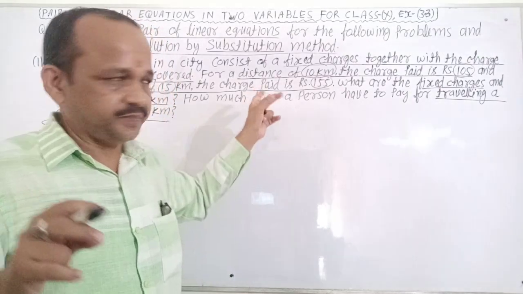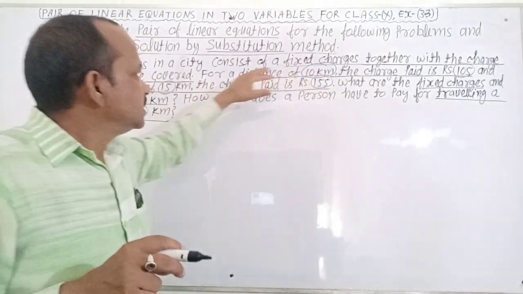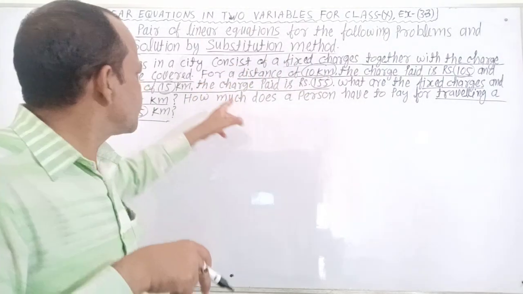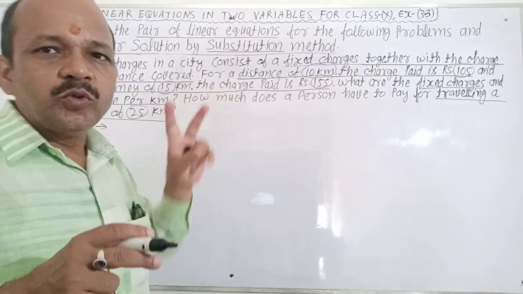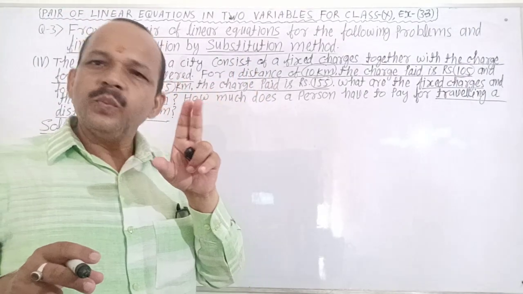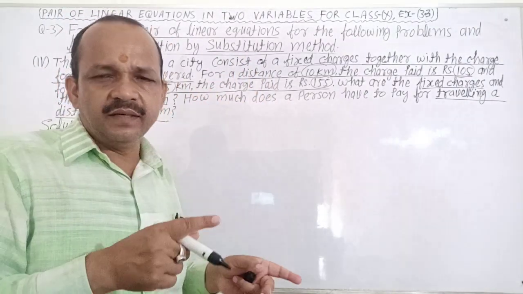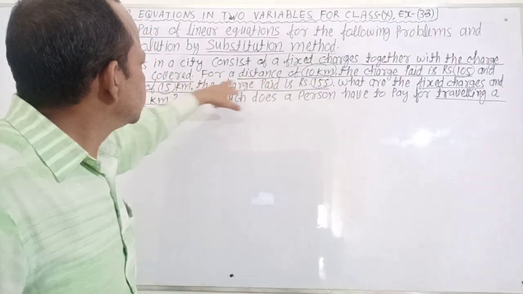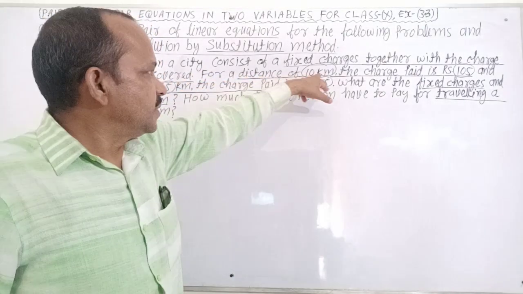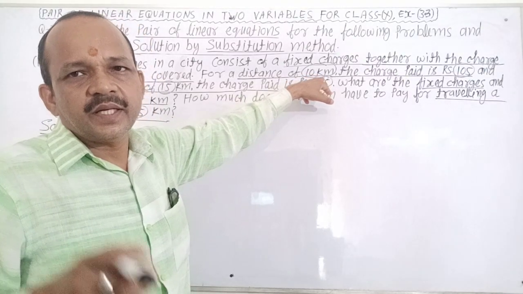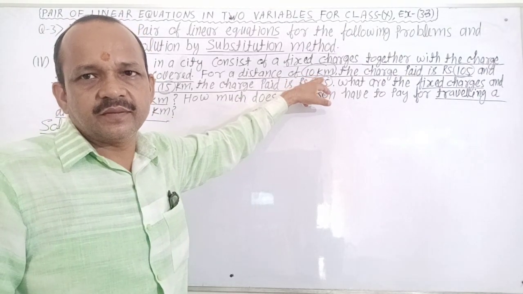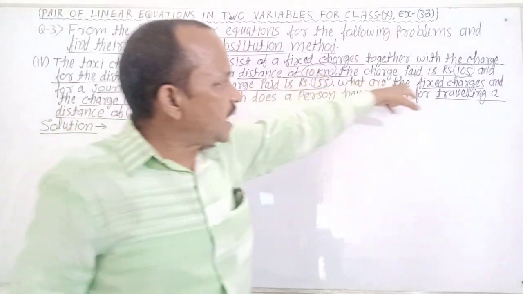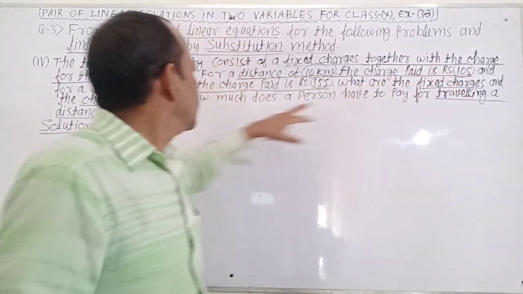Very good. Here, according to the question, the first situation says there are two types of charges. First fixed charges, second traveling charges. Here, according to the first situation, distance 10 km, charges 105.